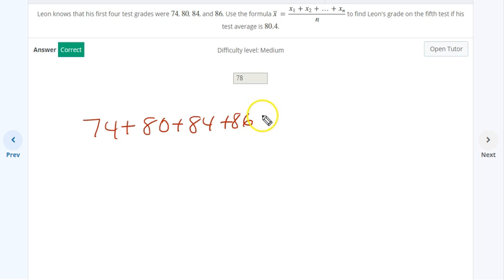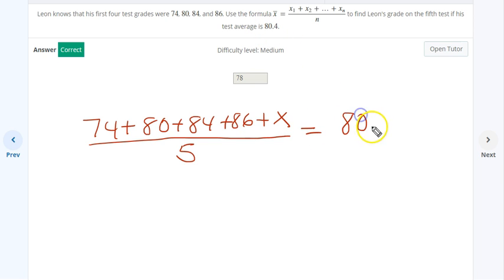Now, we don't know what our last test score would be, but we could figure out the average by dividing these 5 items after we add them up by 5, and we want an end average to be 80.4. So the solution of this would be to multiply each side by 5.